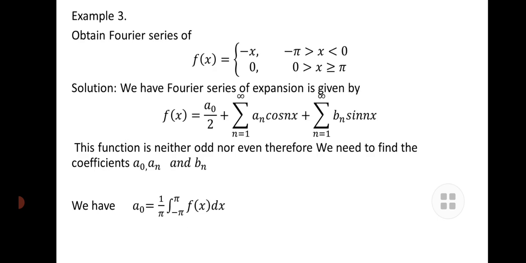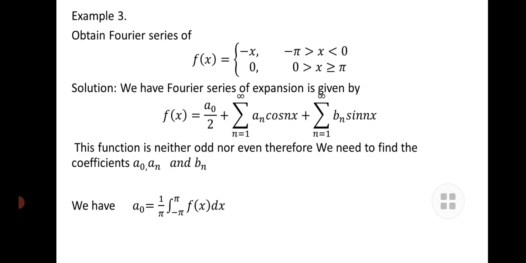According to this, the series expansion we can write as f of x is equal to a naught divided by 2 plus summation n is equal to 1 to infinity an cos nx plus summation n is equal to 1 to infinity bn sin nx. This function is neither odd nor even.